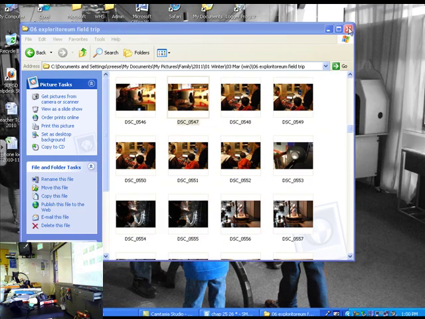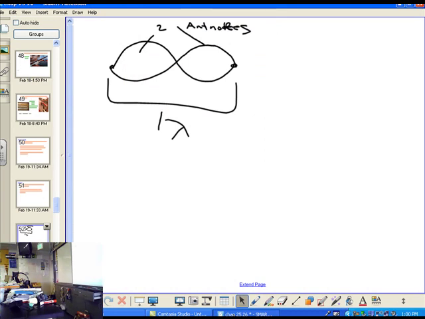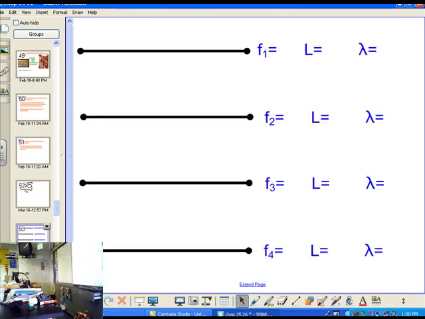Okay, all right. So when we draw this, the fundamental frequency is going to be the largest wavelength we can have from node to node. How many antinodes would I have in the first one?